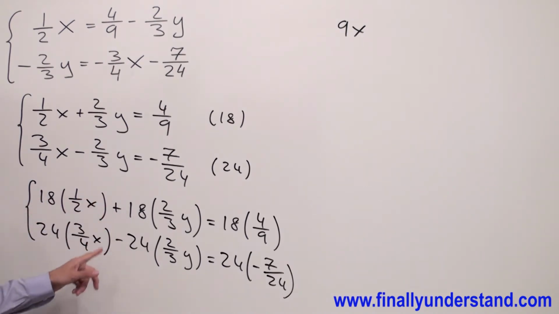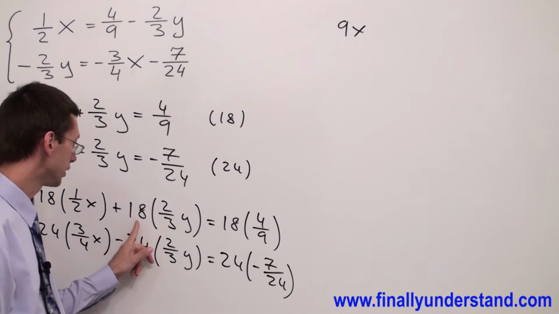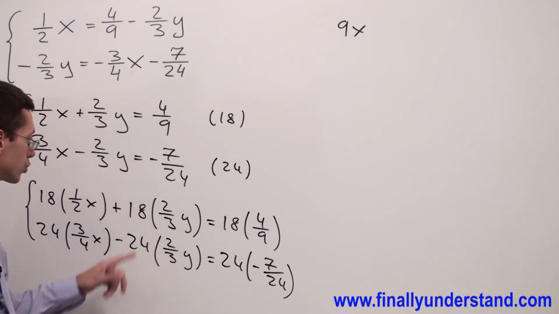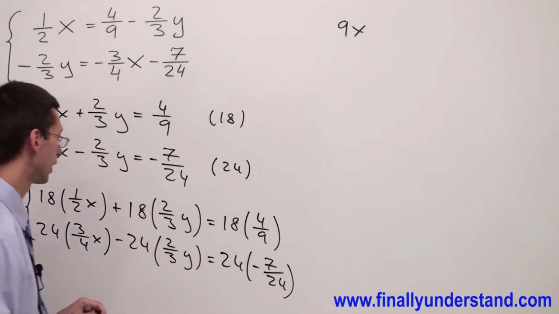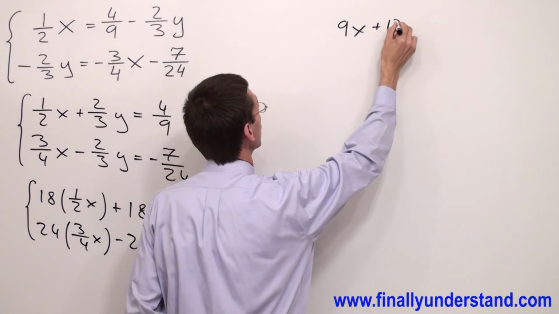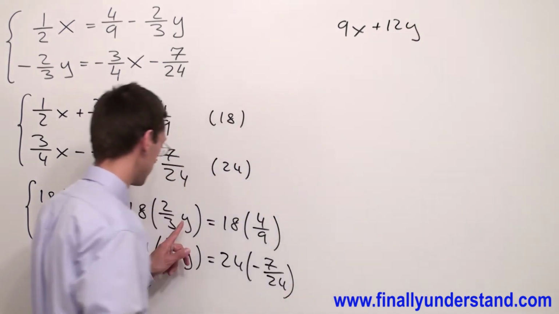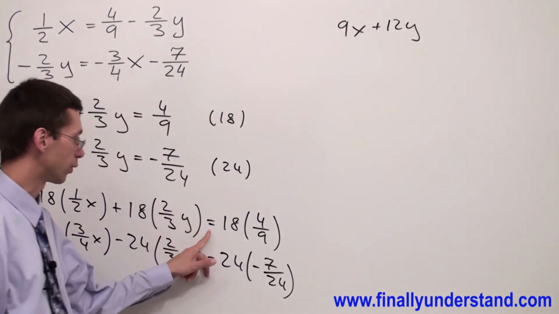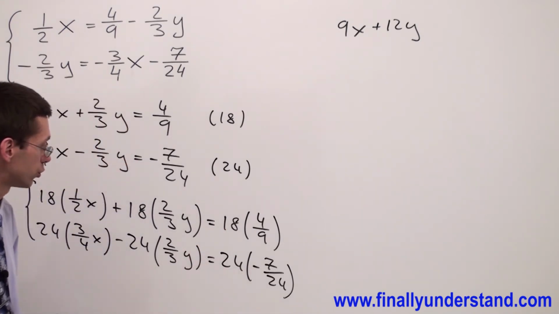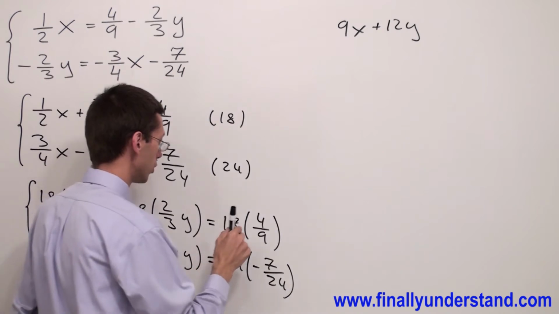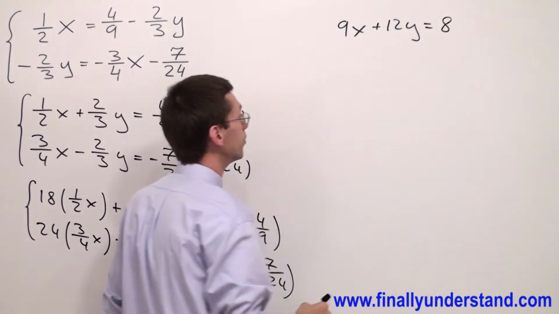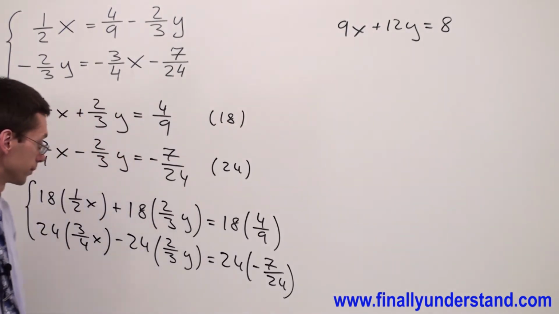Plus, 18 divided by 3 is equal to 6. 6 times 2 is equal to 12. I have plus 12y because I have y. Equals 18 divided by 9 is equal to 2. 2 times 4 is equal to 8. So this is my first equation.